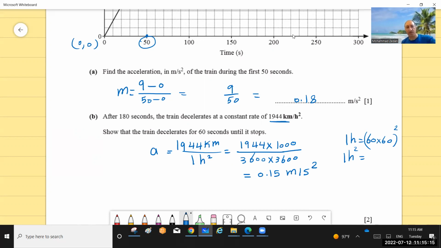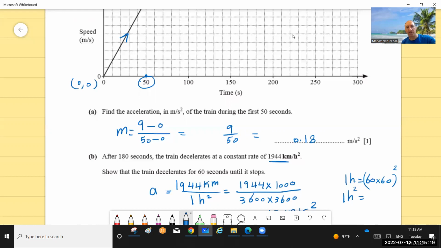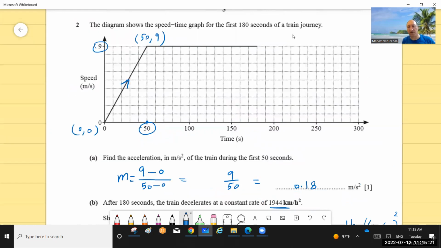Okay, so the slope of this line, as you see here, this deceleration, consider the line goes this way. The slope of this line is 0.15. So this slope really is this speed, 9, over the time taken here. Sorry, 9 is a speed. 9 over a number here, the time t.